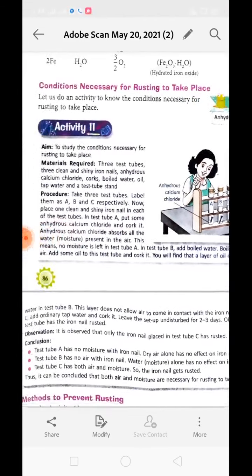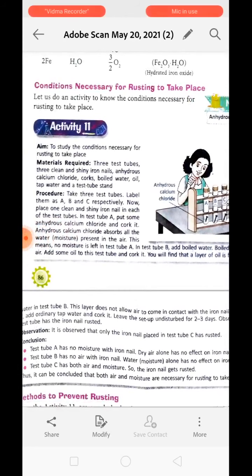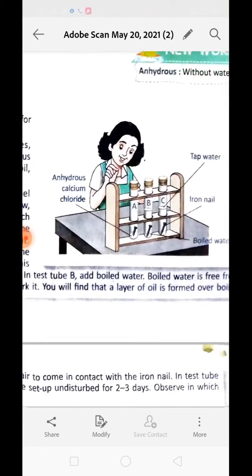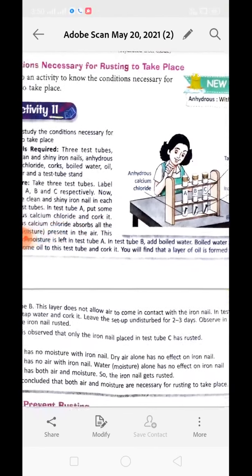To perform this activity, we need 3 test tubes, 3 clean and shiny iron nails, anhydrous calcium chloride, corks to cover the test tubes, boiled water, oil, tap water and a test tube stand, so that we can keep the test tubes upright without any problem.